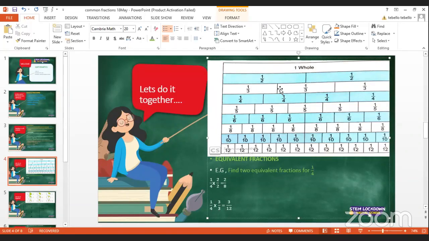Right. Okay, for example number 2, we still have our 1 over 4 because we must find two equivalent fractions for 1 over 4. We've already found one, which is 2 over 8. For the second example, obviously we have our 1 over 4, and this time we'll use 3 because on our first example we used 2. So you will say 1 multiplied by 3, which is 3. And then we'll have 4 multiplied by 3, which is 12.